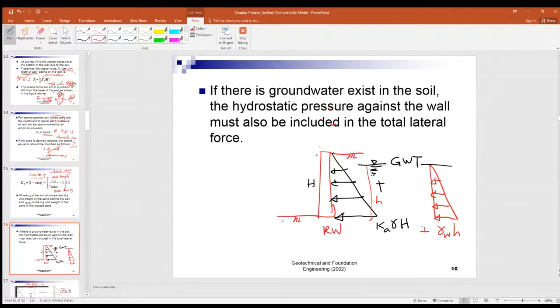So the total pressure is the active lateral soil pressure plus here the pore water pressure. So you got two pressure diagrams, one coming from the soil pressure and the other from the water.